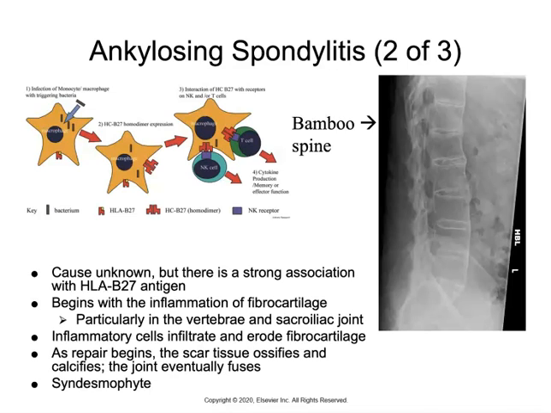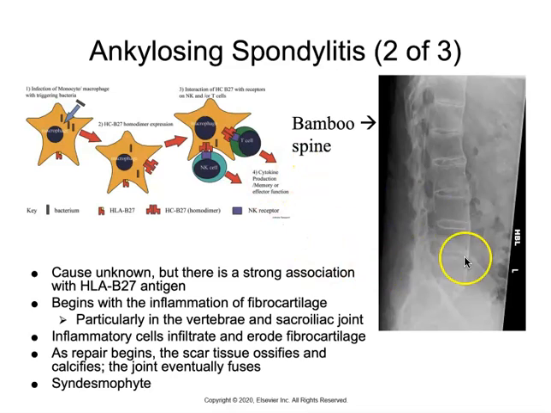As the repair begins, our scar tissue starts to ossify and calcify, and the joint eventually is going to fuse. And this is going to create something called the classic bamboo spine.